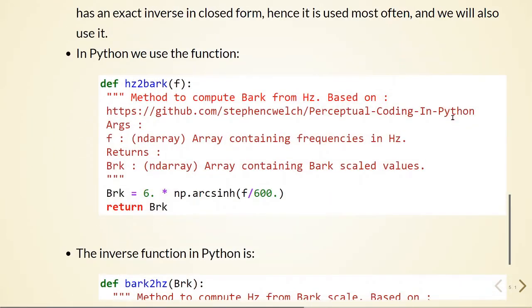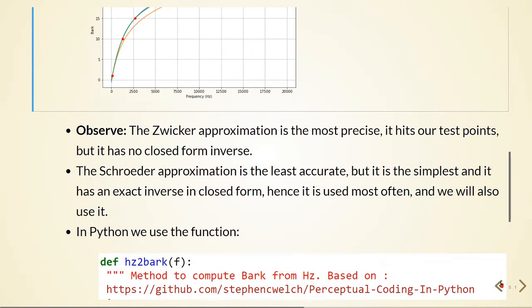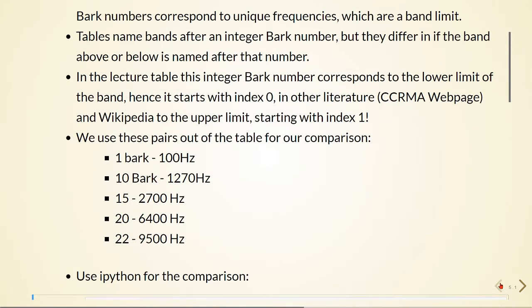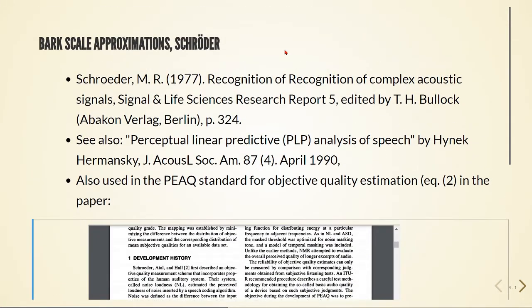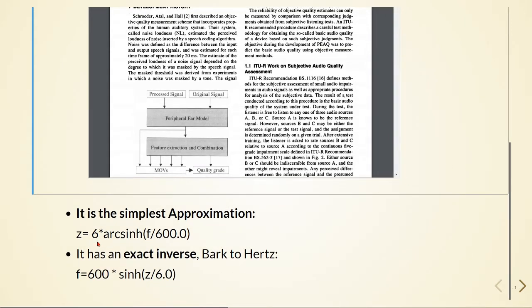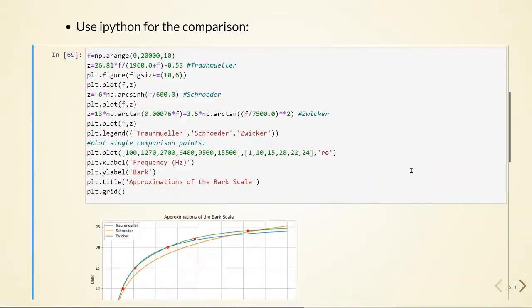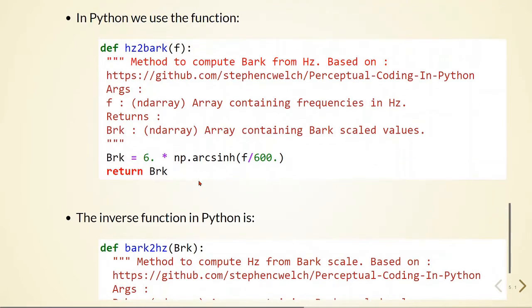And just as we mentioned before, we use the Hertz to Bark, and here we see that this is the Schroeder approximation. If we go back here and look at the Schroeder approximation, in Bark it is 6 times the arcsinh of the frequency in Hertz divided by 600, and our function Hertz to Bark is 6 times the arcsinh of the frequency in Hertz divided by 600.